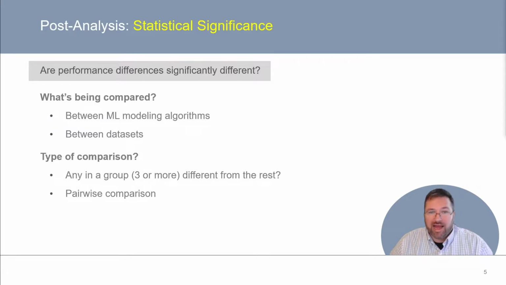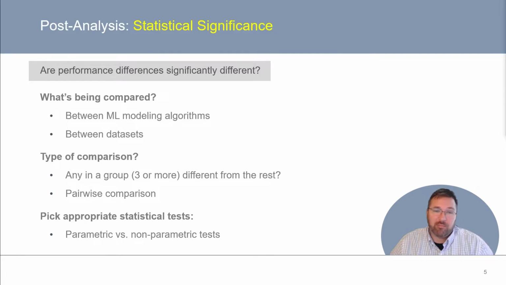We will also want to ask what types of comparisons we want to be making. First, we might want to know if any of the methods or datasets, numbering 3 or more, perform different from the rest. And furthermore, we might want to make pairwise comparisons between each. We need to understand the comparisons we want to make first in order to make sure that we're picking appropriate statistical tests.